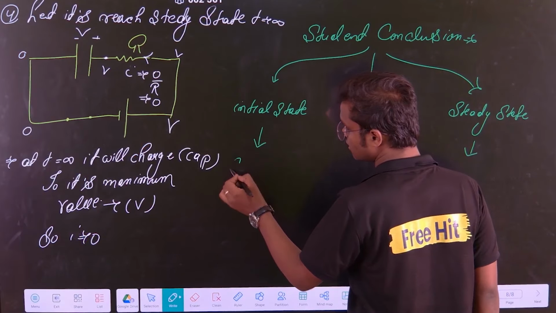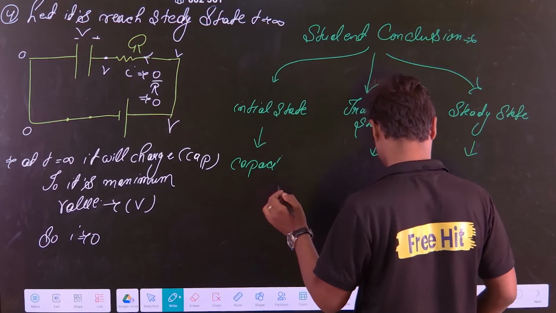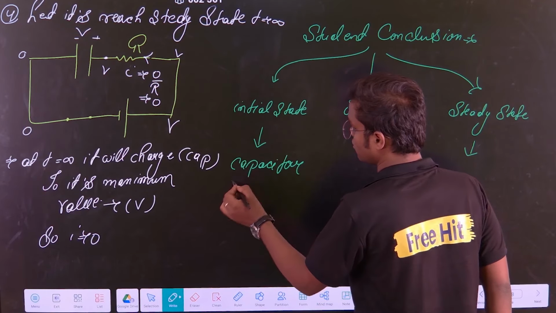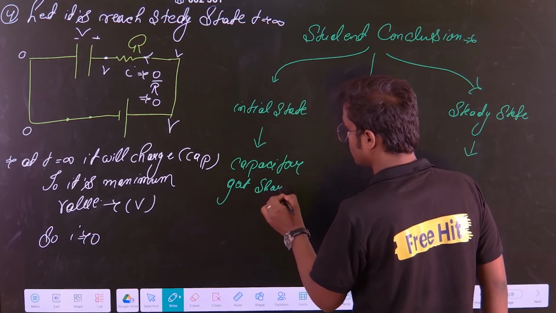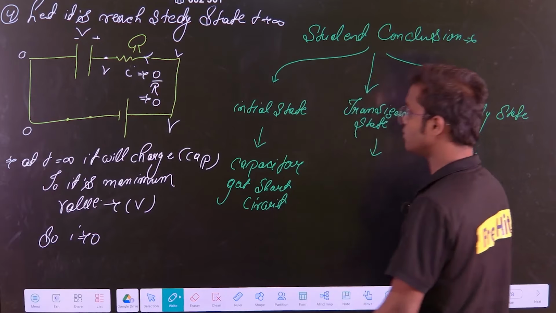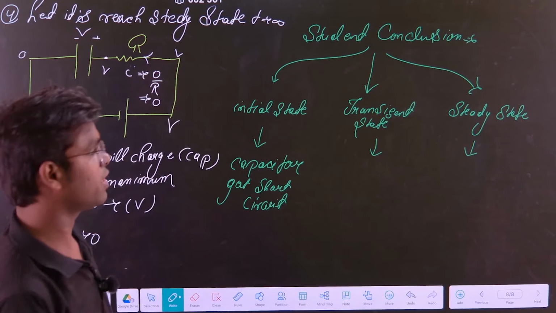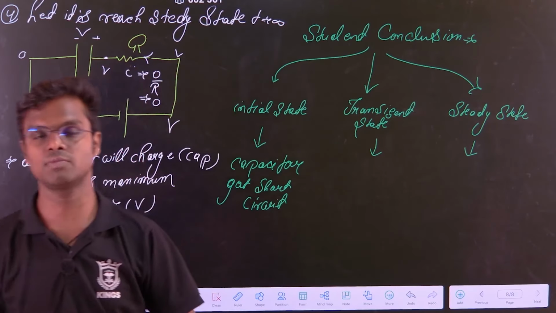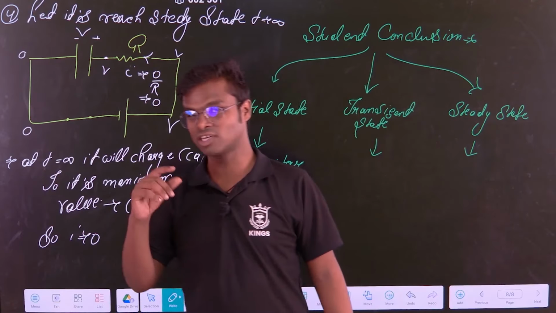So in this case, the capacitor gets short circuited. Whenever we talk about the initial condition, we always have to short circuit the capacitor. Why? Because initially the capacitor will always be uncharged. I'm giving this statement, but it's a contradictory statement.